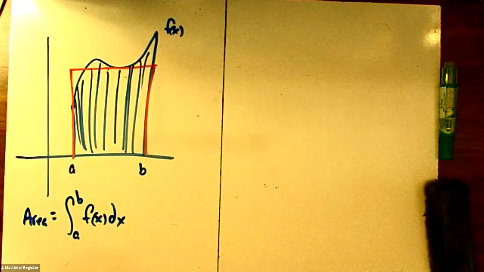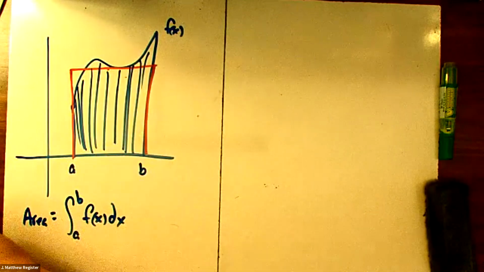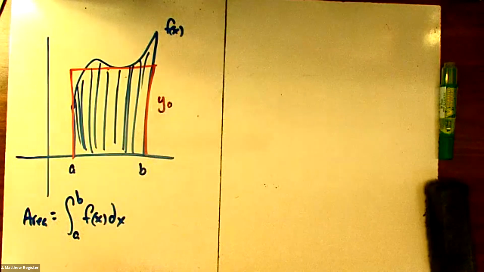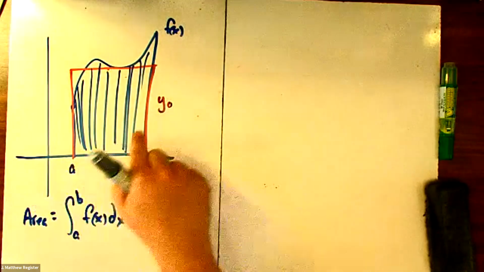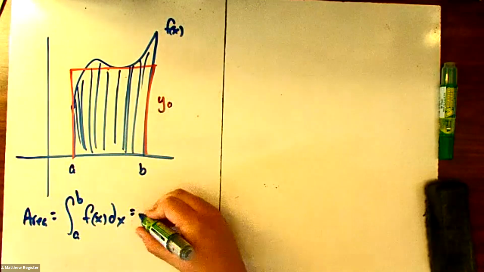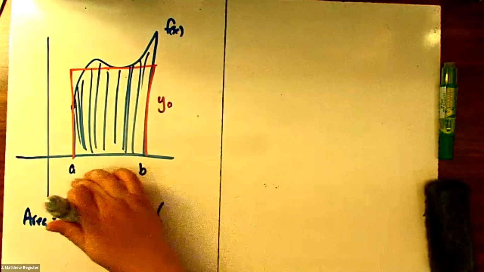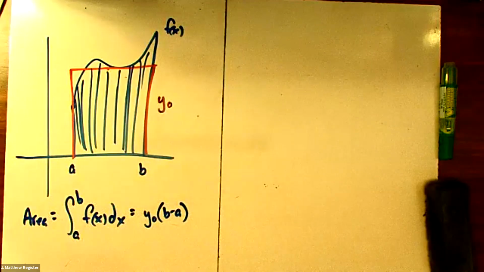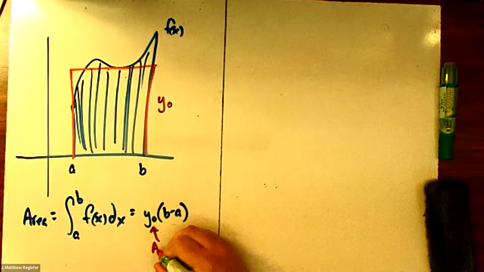Well, we also know the area of this rectangle. If this height is equal to, let's say, y naught, then the area is going to be just the base times the height. And so that height is y naught, and then it's going to be times (b minus a), because b minus a is that length there. Well, this y naught value is what we're calling the average value.